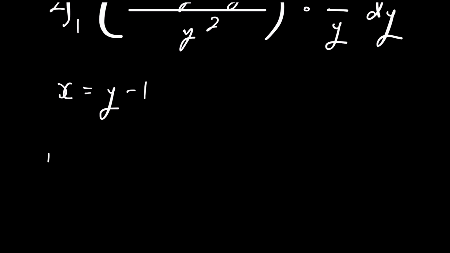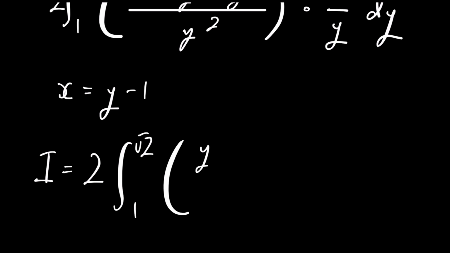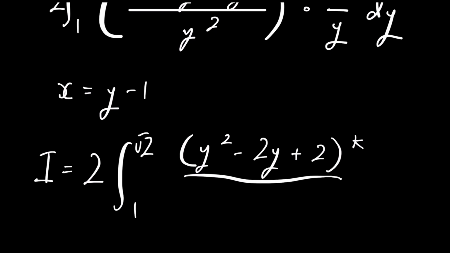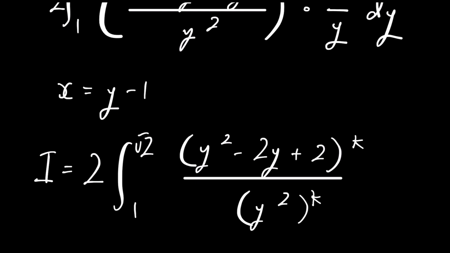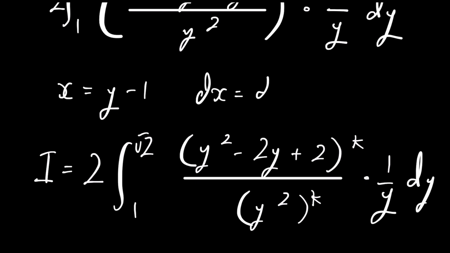So if we do this, I will be equal to 2 because we're using the previous integral. 2 lots of the integral from 1 to root 2, and then we have y squared minus 2y plus 2 to the power of k. And then we'll have y squared to the k on the bottom. And I should write dx equals dy here.